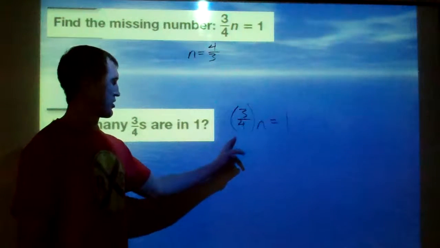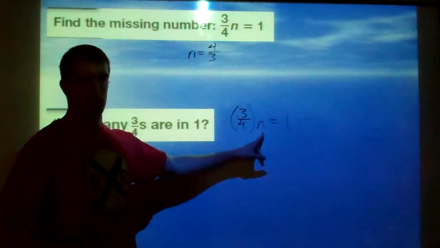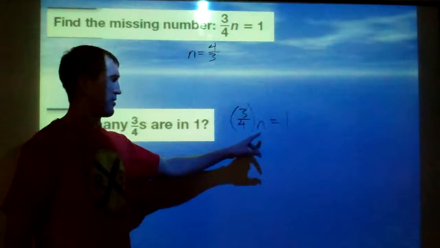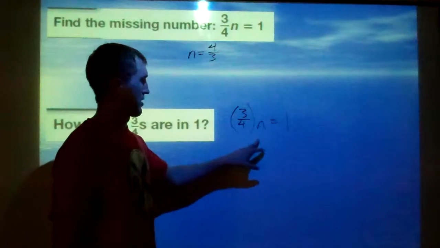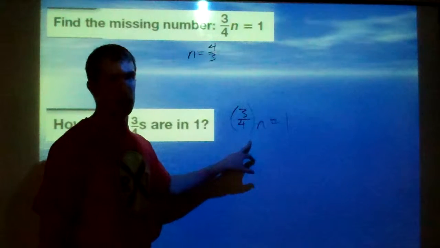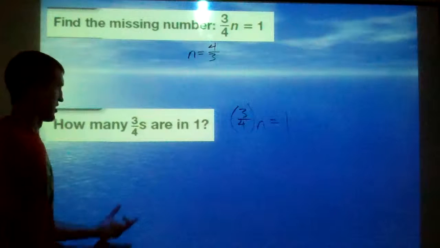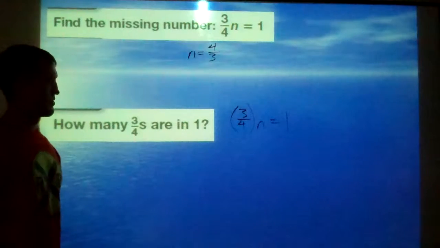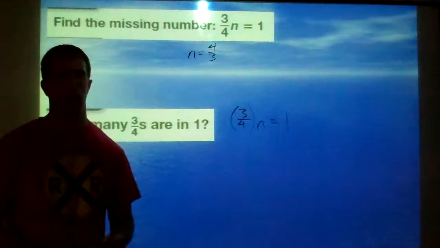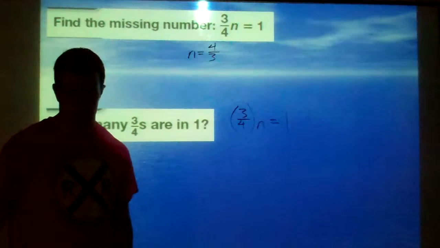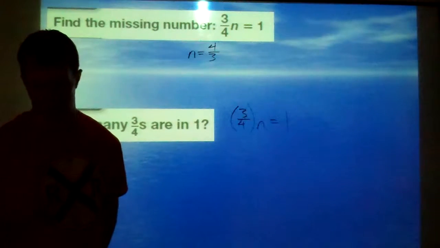But remember, if we multiply by something, the inverse operation would be to divide to figure out what the variable is. So we'd actually be taking 1 divided by 3/4, which comes out to be 4/3. We'd still get the same answer. They're asking the same question, but in a different format. I wanted to point that out, because the students did see it in both ways.